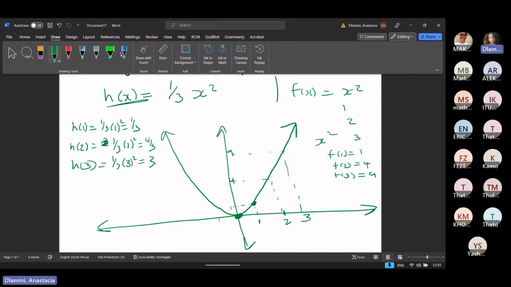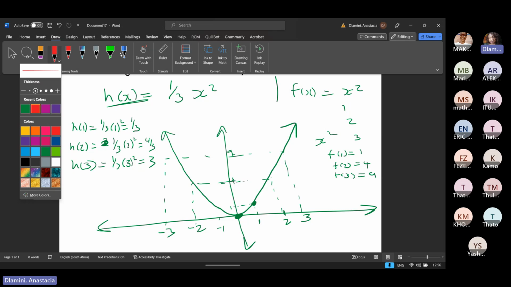Same applies at -1, our graph will be 1. At -2, our graph will be 4. At -3, our graph will be 9. So let's substitute these values that we have obtained and see what happens to our graph.